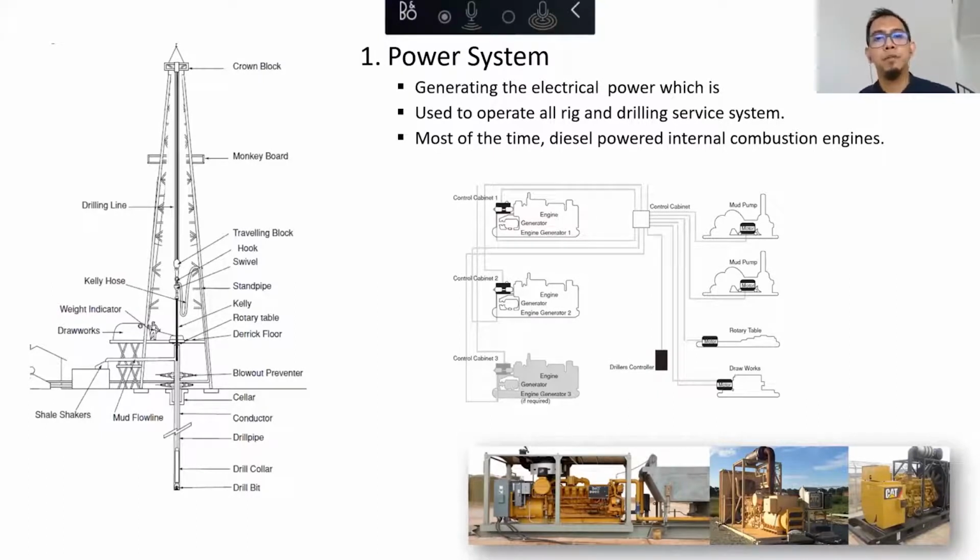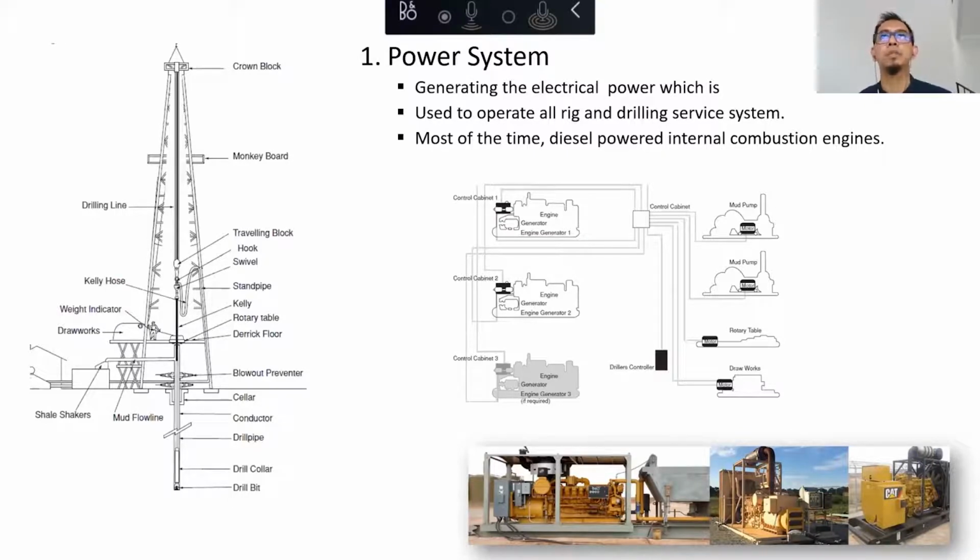Okay, power system. The purpose of the power system is to generate the electrical power that is used to operate all the rig and the service company system. Most of the time, it's diesel-powered internal combustion engines. Sometimes they do bring electrical equipment as well. But most of the time, it's diesel-powered.